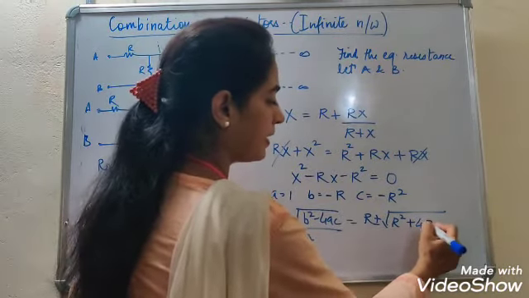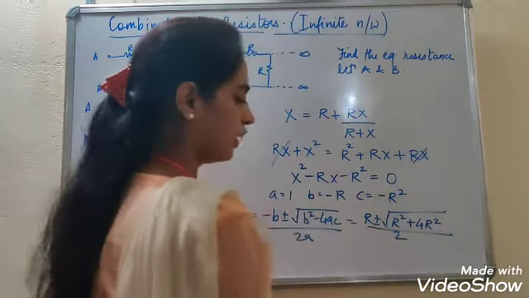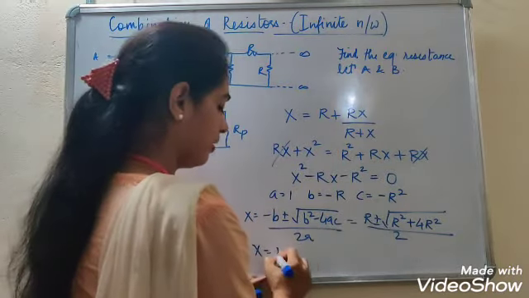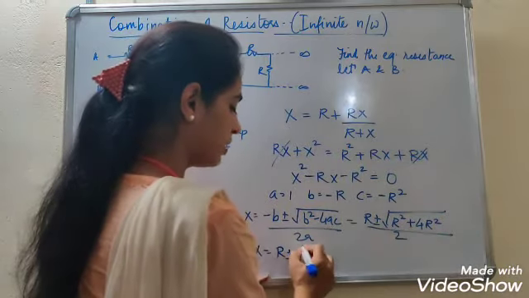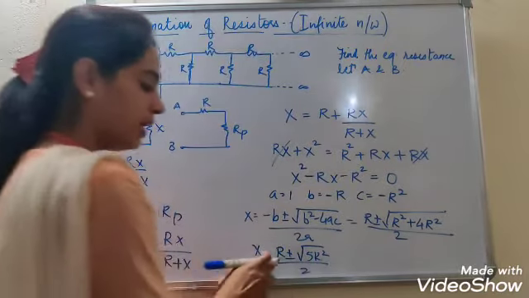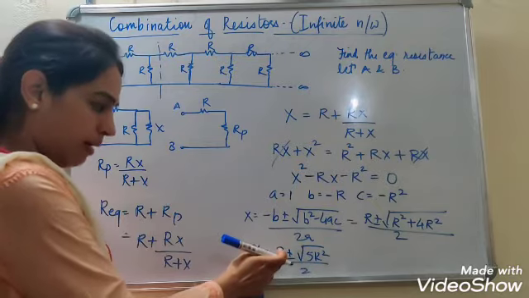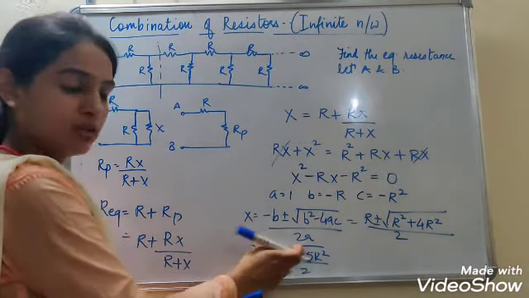So this will become plus R square. So upon 2, A is 1. So x is equal to R plus minus under root of R square plus 4R square, that is under root of 5R square, by 2. Now x can have two values, R plus root 5R square and R minus root 5R square.